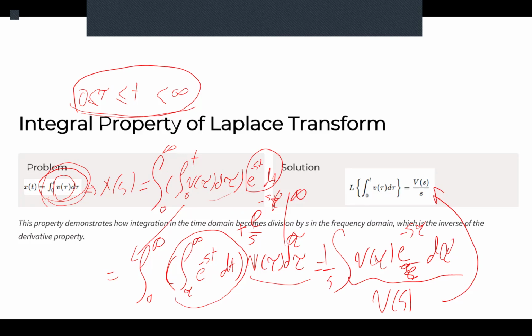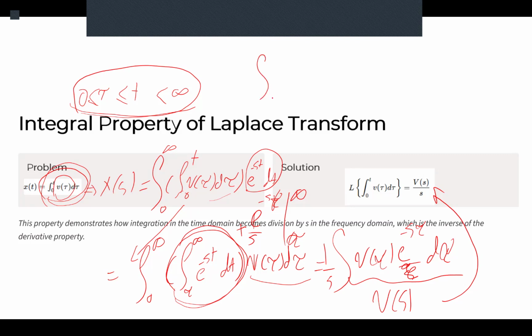Now, since we changed the parameters, we have to change the upper and lower boundary. We know that t goes from tau to infinity, so the integral is going to be from tau to infinity. Is that clear so far? Now, we solve this integral.